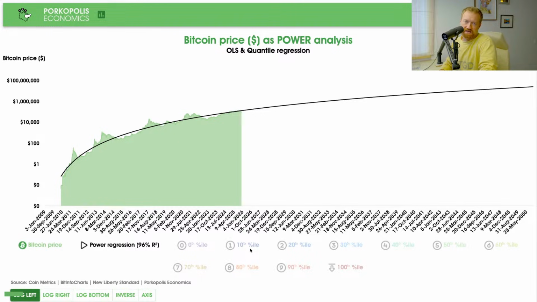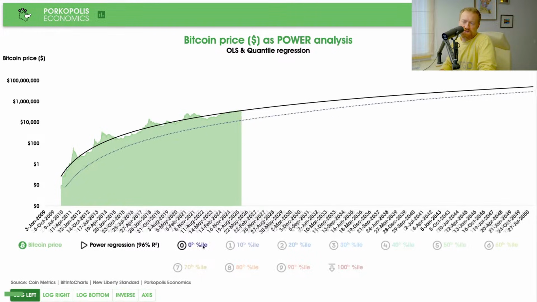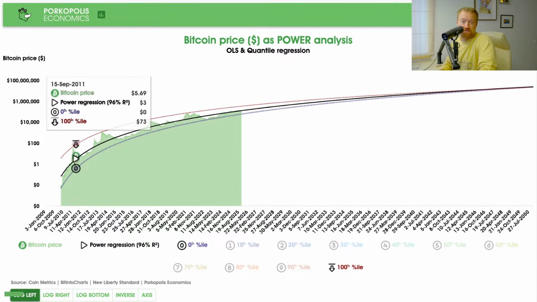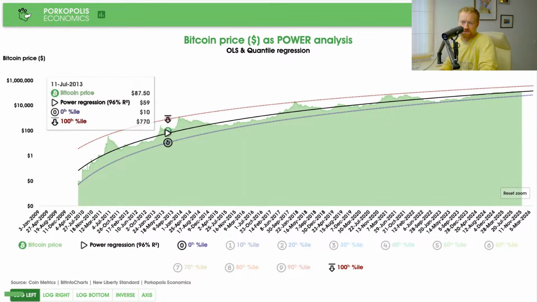It's actually 10 segments, but 11 lines. So we could do the 0th and the 100th. Now notice this looks a lot smoother than mine. There's no multiple I'm fitting to the OLS or whatever. This is just 3 different regressions, right?